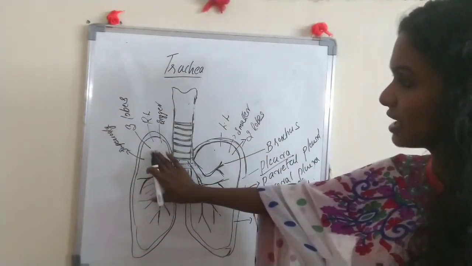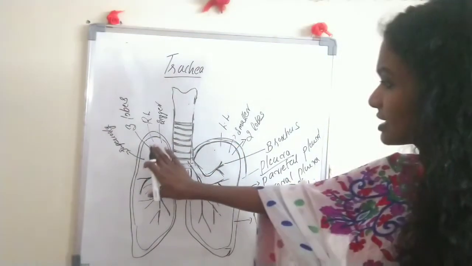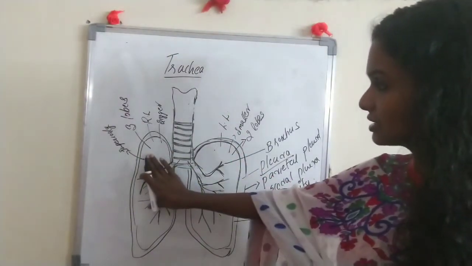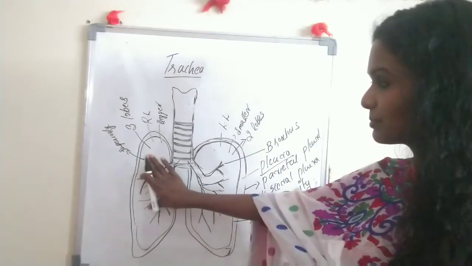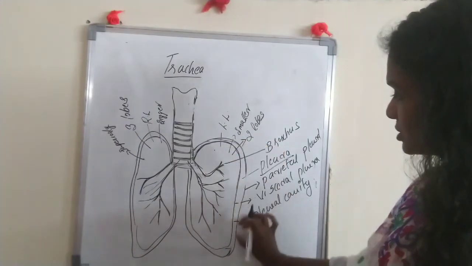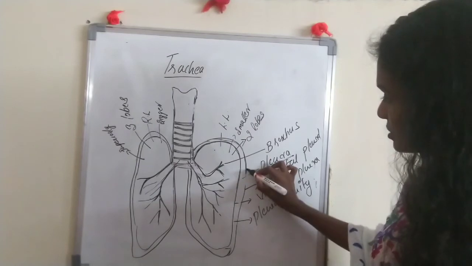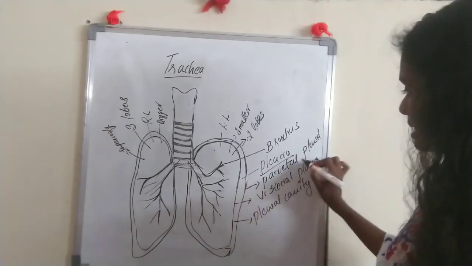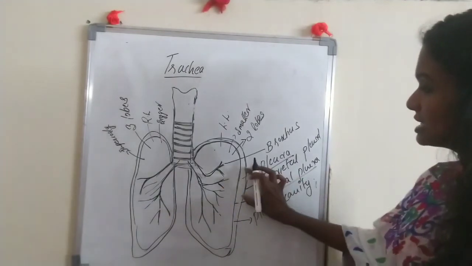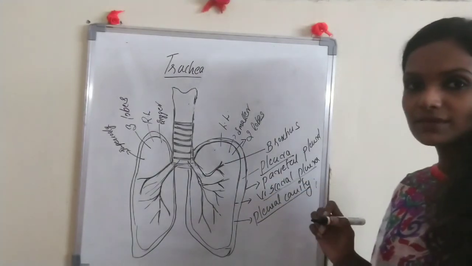The right lung has three lobes, the left lung has two lobes, and the right lung is a little bit bigger than the left lung, and the right lung is situated superiorly due to the presence of the liver on the right side, and the lung is covered by two serous membranes, that is known as pleura. The first or outer covering is known as parietal pleura, and the inner covering is known as visceral pleura, and the space between these pleura is known as the pleural cavity.